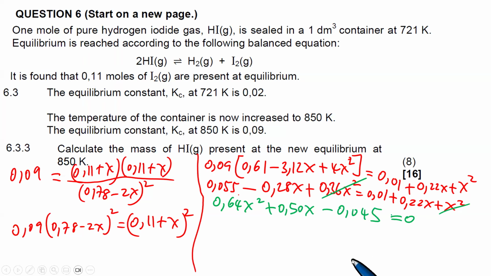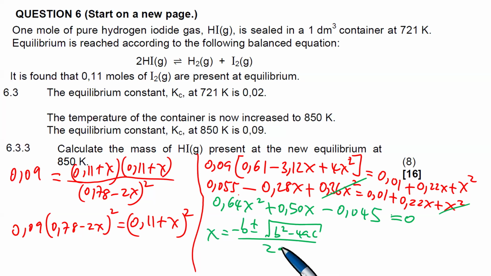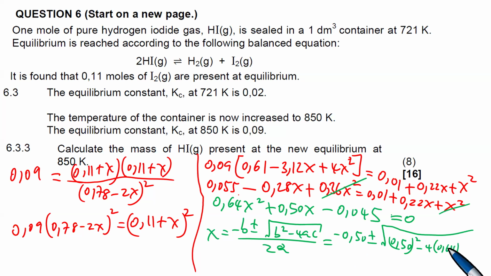Now, this is what we got, and then it's a quadratic. So x is minus b plus or minus the square root of b squared minus 4ac, over 2a. b is 0.50, you square it. A is 0.64.